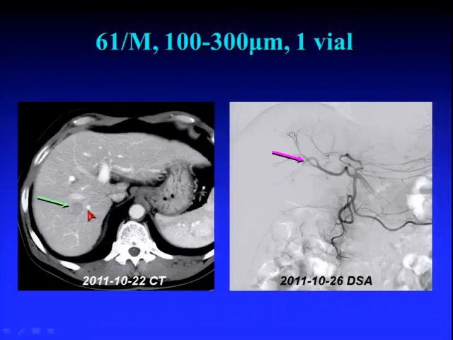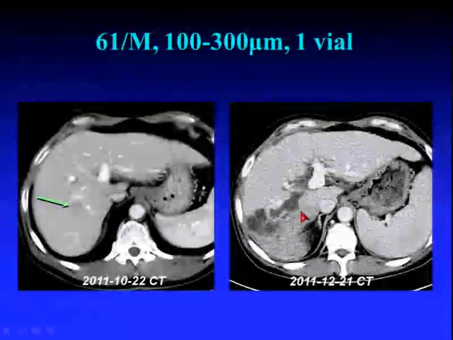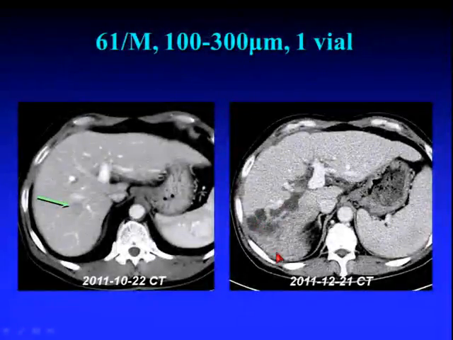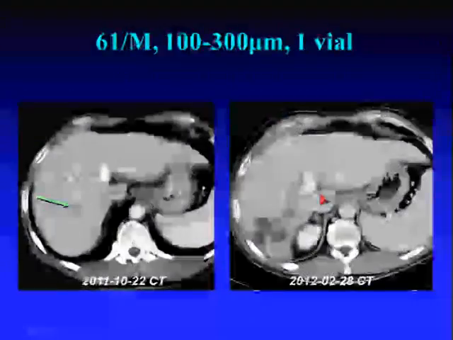If you embolize in clinical practice like this, in this patient, the tumor is pretty small, and the whole posterior segmental branch was completely embolized, and the result was like this. The tumor was necrotized, but all the bile duct and liver was infarcted and atrophied during follow-up.